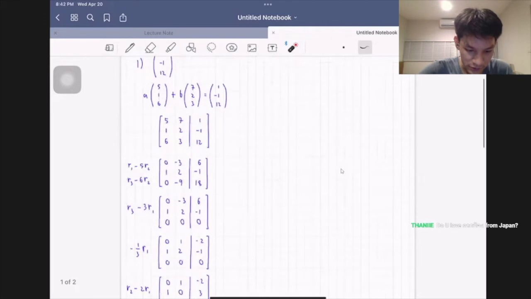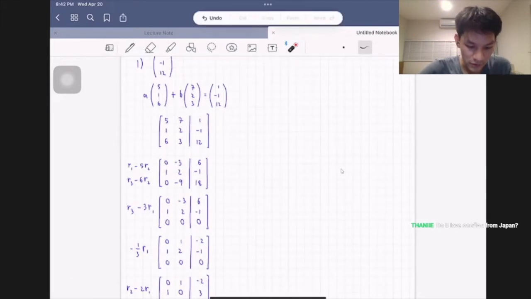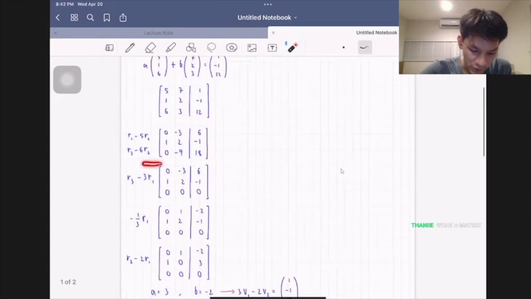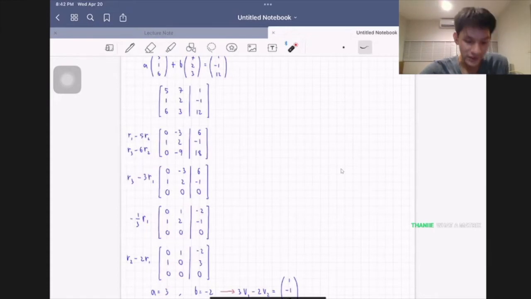Okay, so first we subtract row 1 by 5 times row 2 and subtract row 3 by 6 times row 2. Then we get this vector, and the next step we subtract row 3 by 3 times row 1.